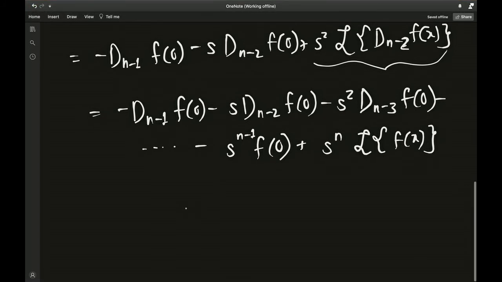Okay, so we have this nice formula that we can generalize.